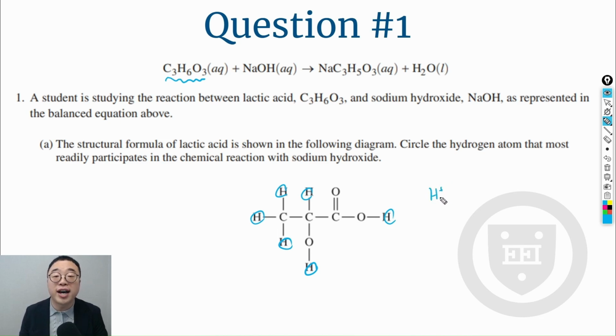You have to find the conjugate base stability. And conjugate base stability, you have to understand, has 2 main factors: 1, resonance, and 2, electronegativity. And so only this hydrogen here is next to 2 very electronegative oxygens.